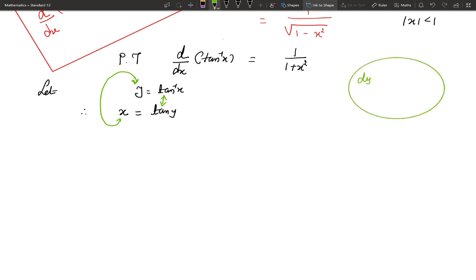Dy by dx equal to 1 upon dx by dy, the formula for the derivative of inverse functions. Now x equal to tan y, so dx by dy, derivative of x with respect to y, is the derivative of tan y with respect to y, it is sec square y.